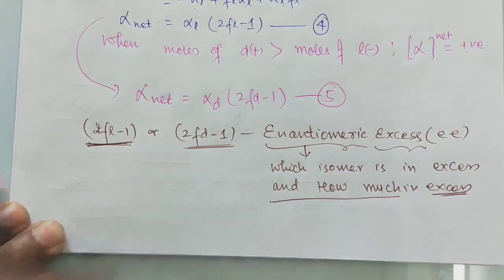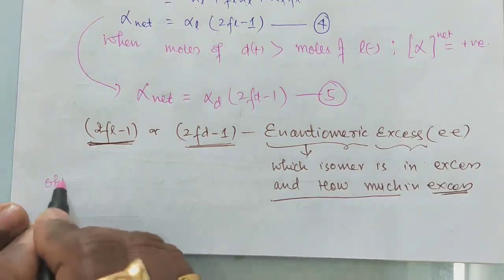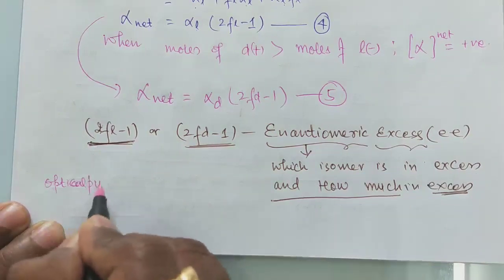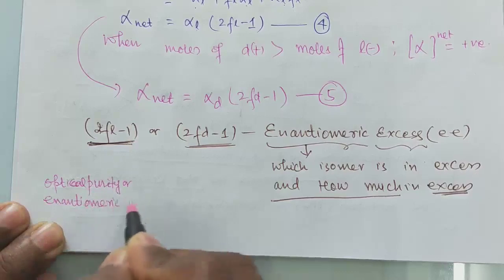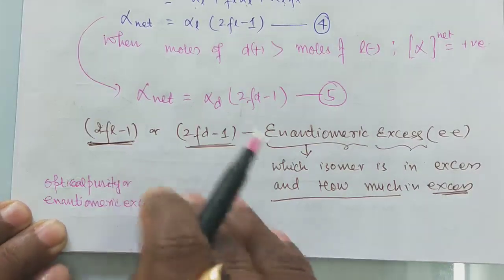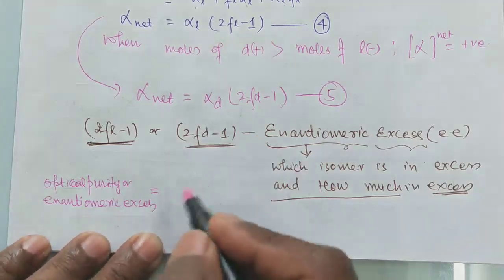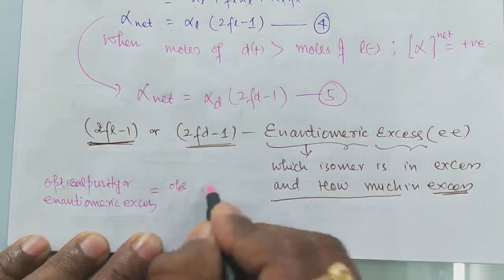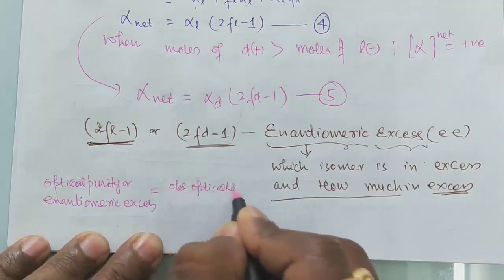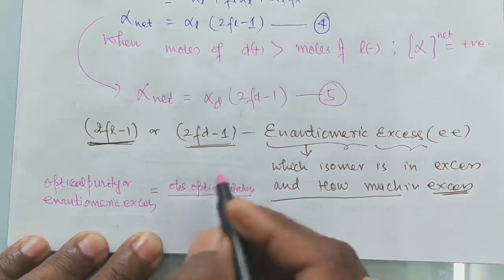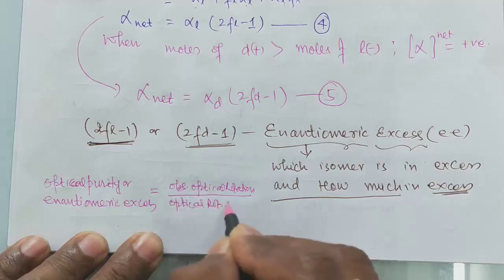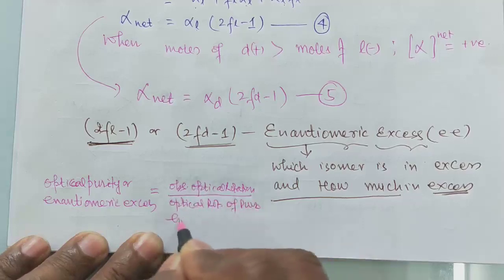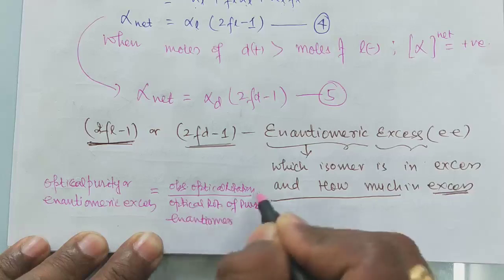The other formula: enantiomeric excess or optical purity is equal to observed optical rotation divided by optical rotation of pure enantiomer, into 100.